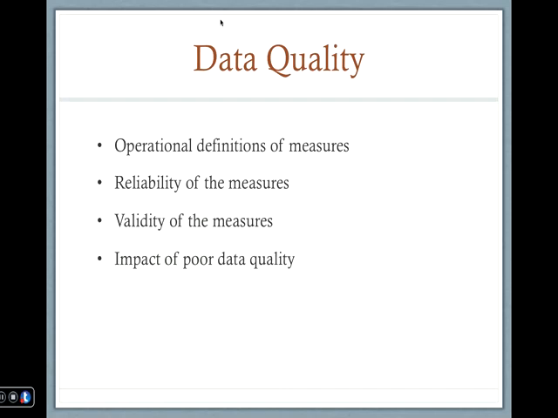In terms of data quality, you want to operationally define your measure. You want to measure what you think you're measuring and not something else. The reliability and validity of your measures are key. You want to choose data collection tools or measurement tools that have proven to be reliable and valid.